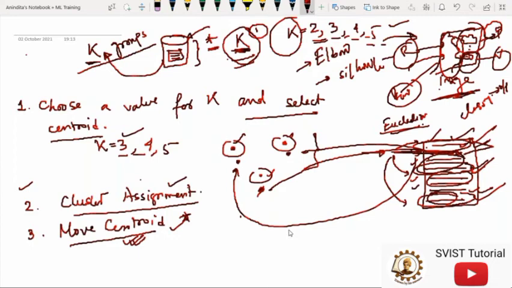Changing the centroid will result in a change in the position of the data points. So again, these data points will be reassigned. Say initially this data point is closer to this centroid. After changing the position, say this centroid becomes this one, and the distance to this one is the closer one. So it may happen that this data point at the first iteration belongs to this cluster, but in the second iteration it belongs to this cluster.